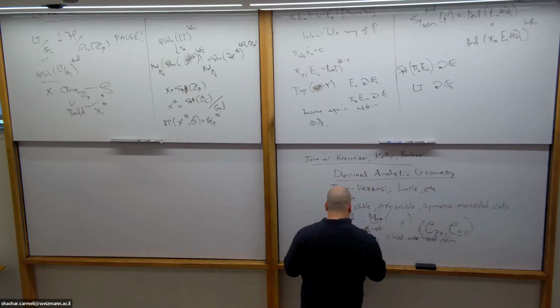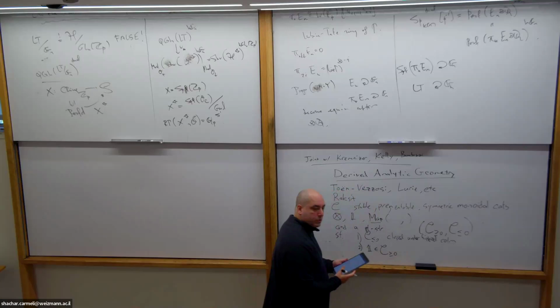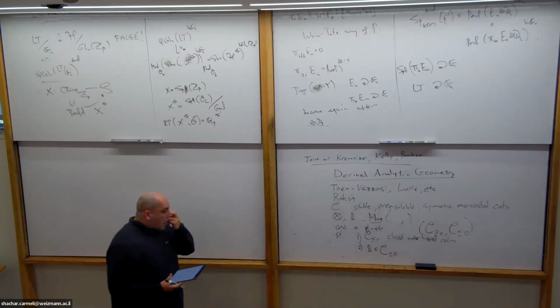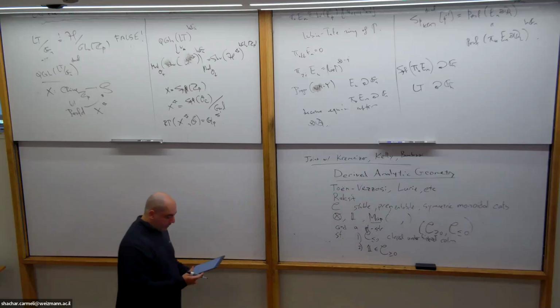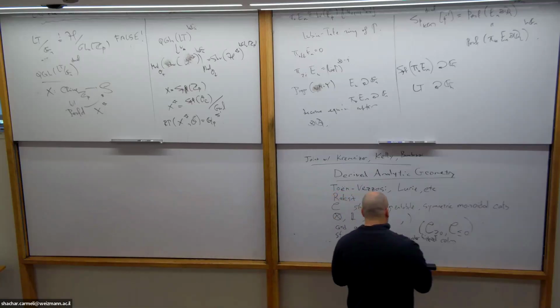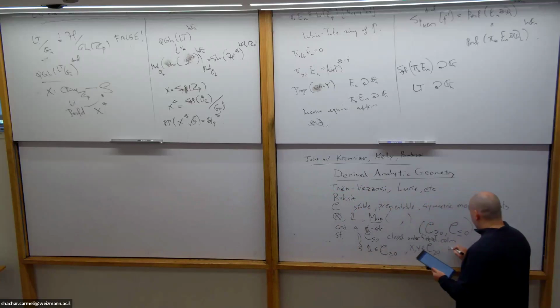Two: the unit is in the positive part, which is familiar from spectra. And the positive part also inherits the symmetric monoidal structure. So if X and Y are in C bigger than or equal to 0, then X tensor Y is too.